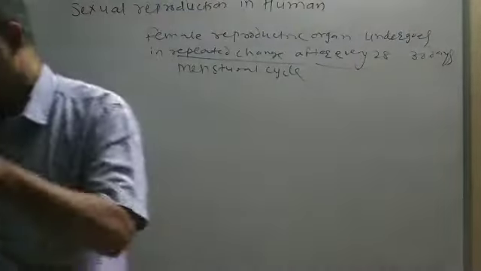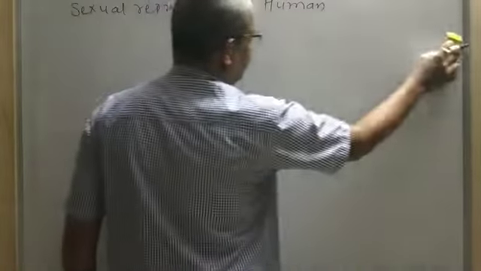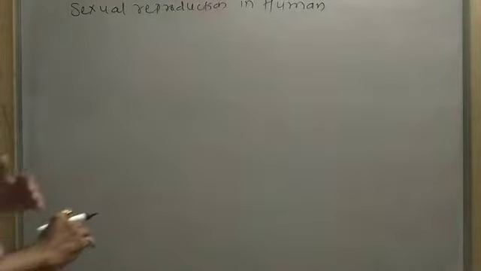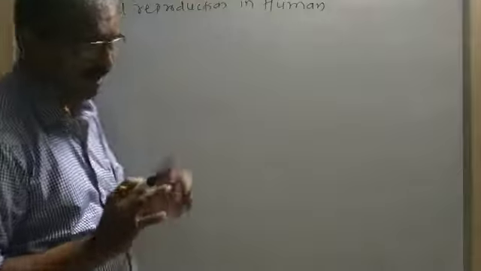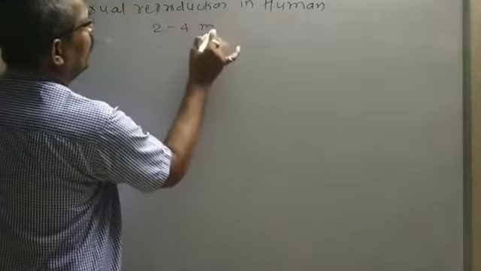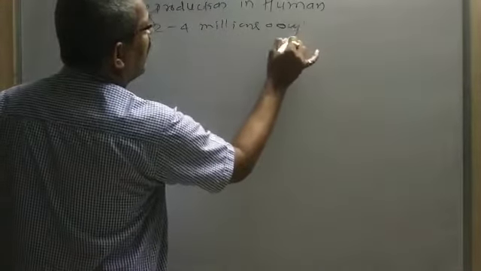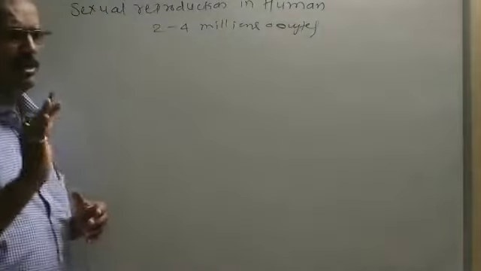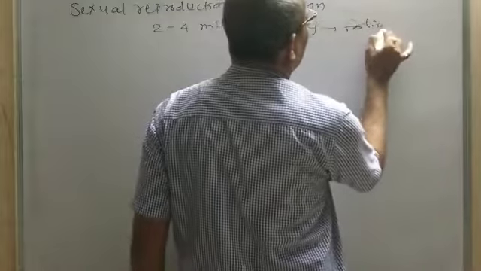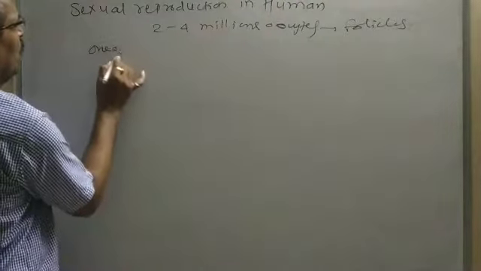That's why, instead of a diagram, I am going to draw one flow chart here. See how the flow chart is. What I am going to write is how the menstruation cycle takes place. I already told you there are 2 to 4 million oocytes. These oocytes are called follicles.